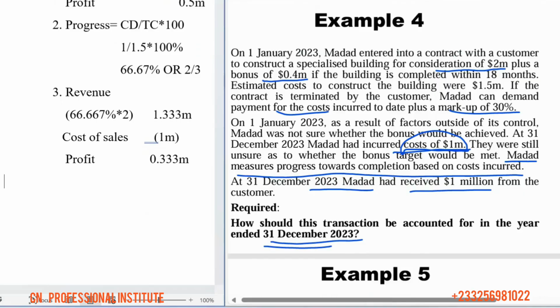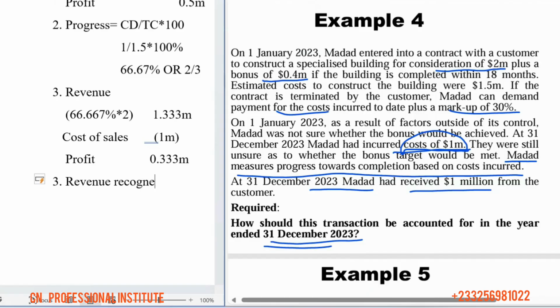Then let's go to step 4. Step 4, we said we are going to look at what we are going to record in our financial position. And we said with that one, we record only the contract asset or contract liability. So that one, we bring revenue recognized to date.